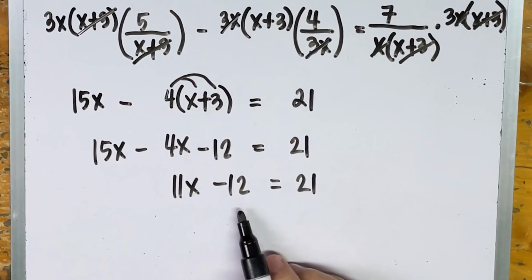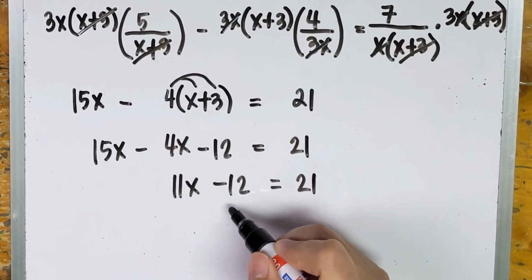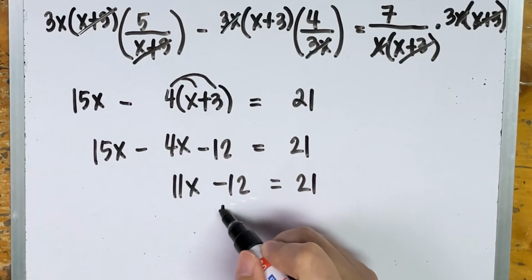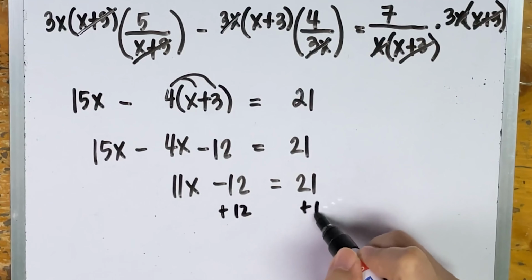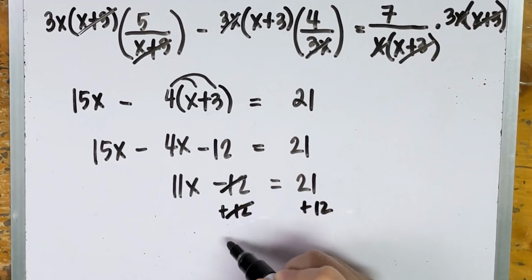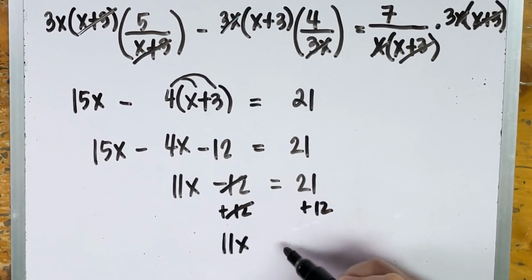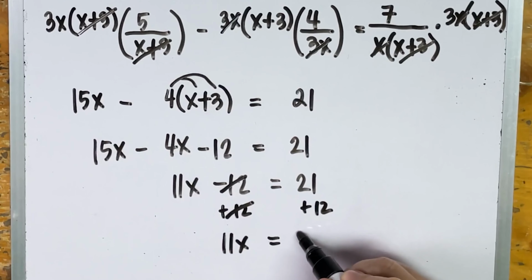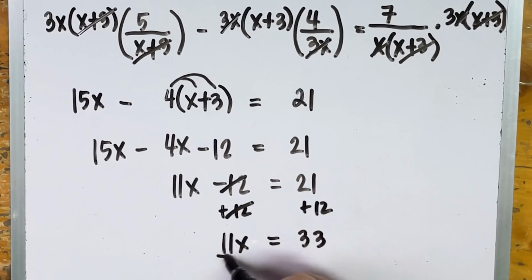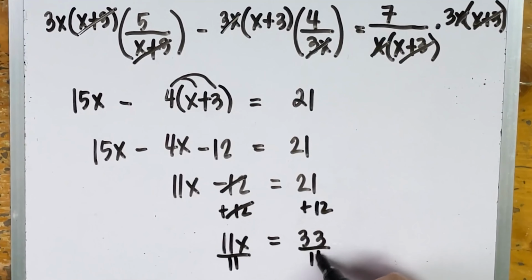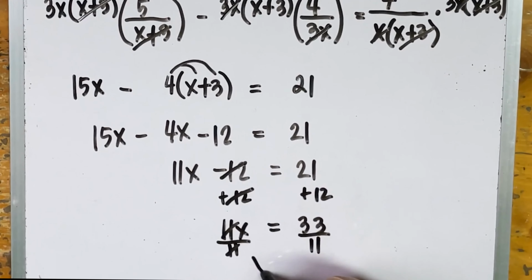Transposing, or adding 12 on both sides, this one is eliminated, so we have 11x equal to 33. And divide everything by 11. x is equal to 3. And that's our final answer.